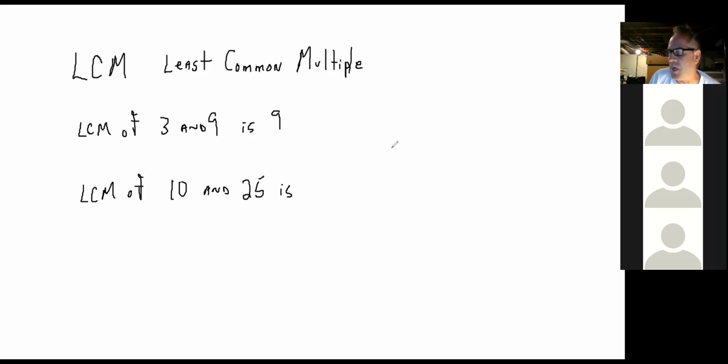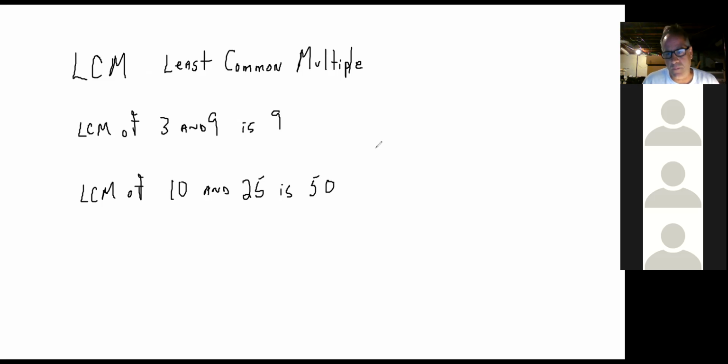Now, I can always do a common multiple. That is, find a number that both of these divide into evenly really quick by just multiplying the two numbers together. 10 times 25 is 250. I'm guaranteed that both 10 and 25 will divide evenly into 250. But that's not the smallest one. The smallest one, it turns out, is 50.